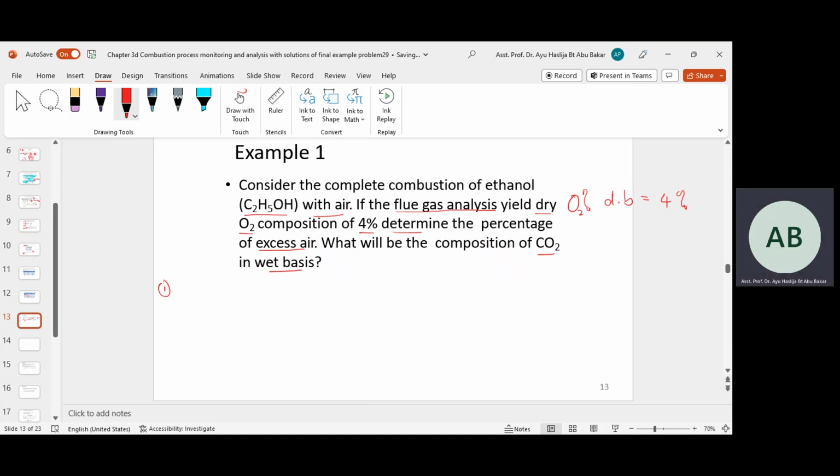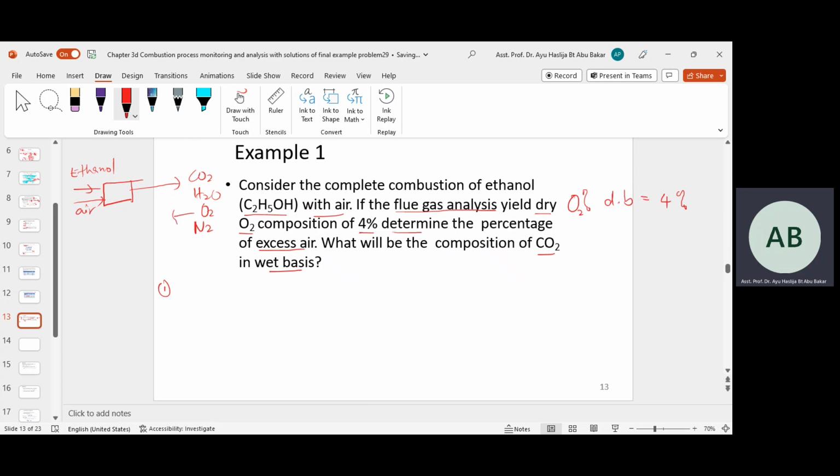Okay, what is the first step? This process has ethanol burned with air. Then you have CO2, H2O, O2, and N2 in your flue gas.